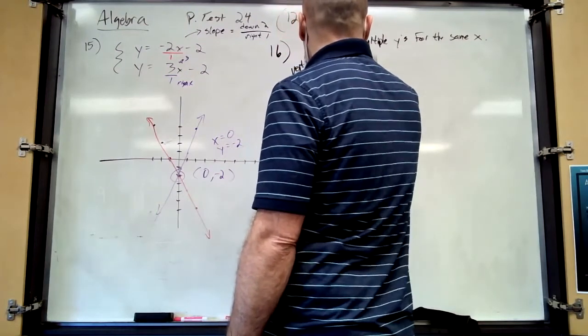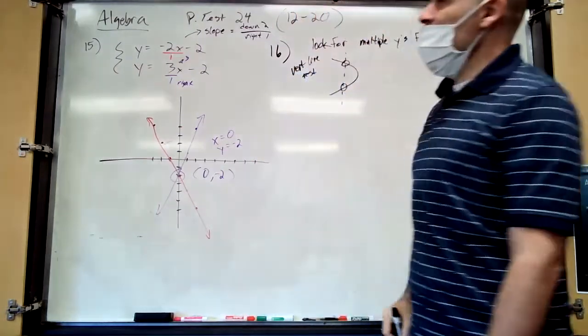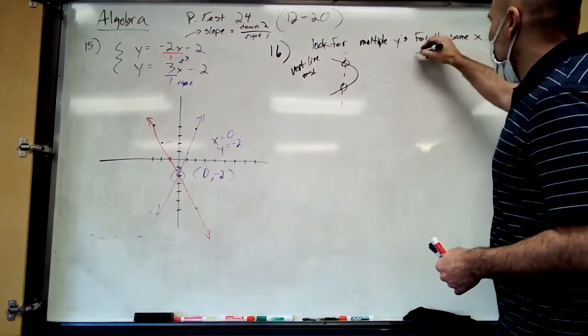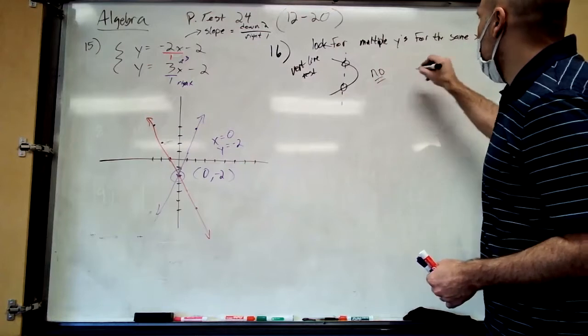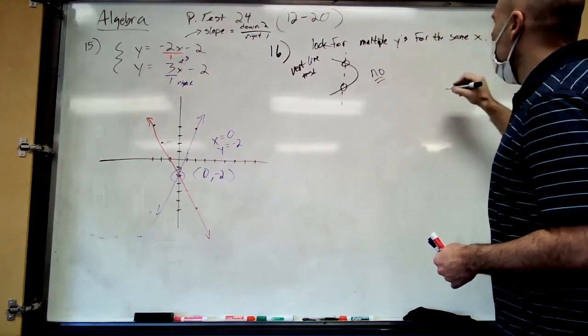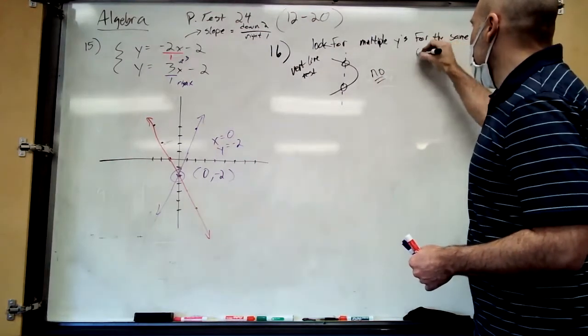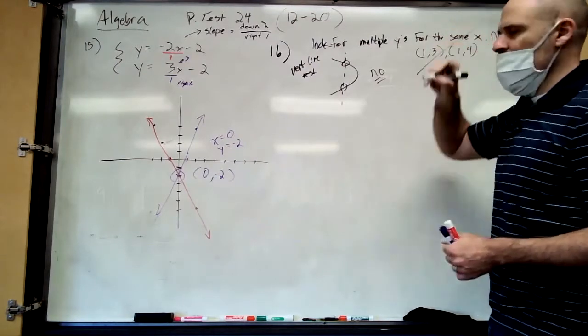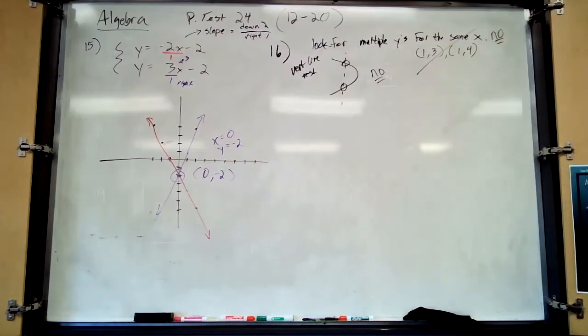So if for some reason you've got a situation where that happens, then that is not a function. So not a function. No. Okay, so like if 1 goes to 3 and 1 goes to 4, no. Okay, that's the only thing you're looking for.